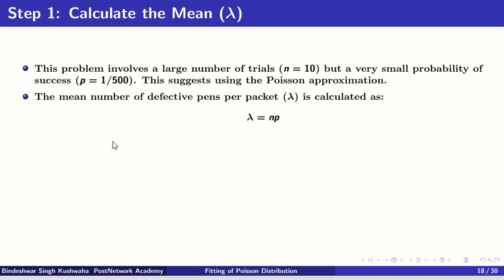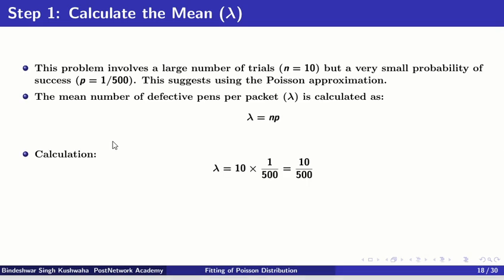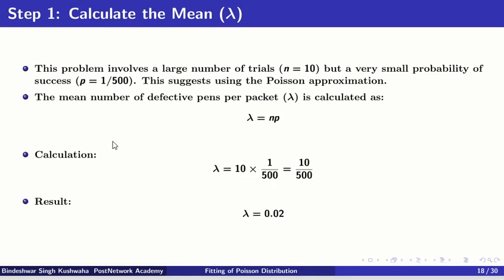So the mean number of defective pens per packet is calculated as lambda equal to np. Here n is 10 and p is 1 upon 500, so 10 upon 500, that is lambda equal to 0.02.